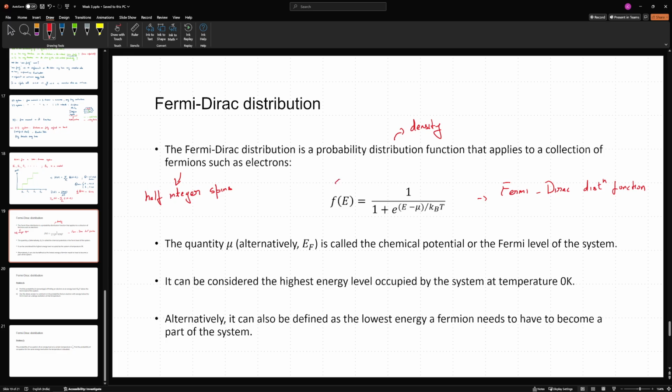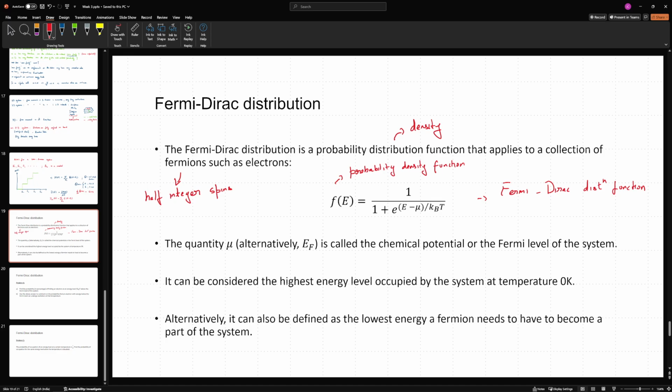So f of E is the probability density function. Now, by now, we should know what probability density functions are, so I'm not going to go too much into this.